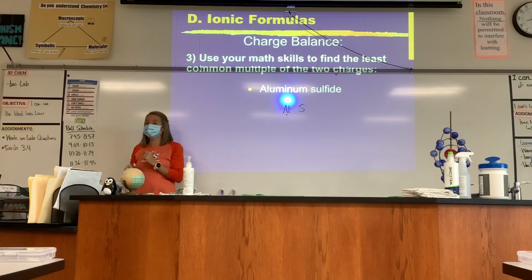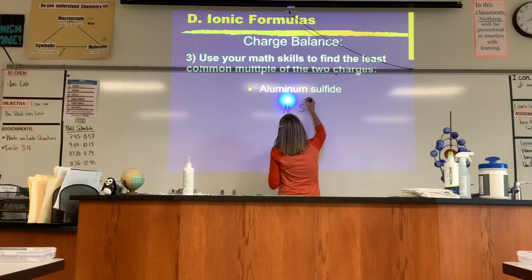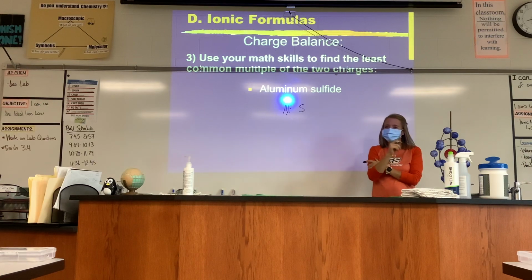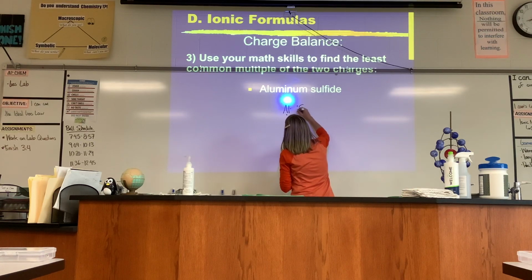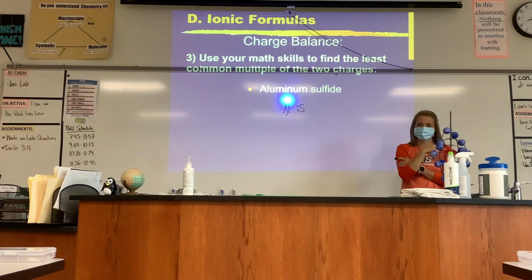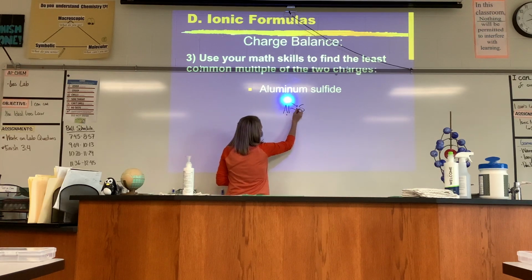How many valence electrons does sulfur have? 6. So if it has 6, how many more does it want? 2. So I'm going to do 2 little X's to show it needs 2 more. Then you just start matching it up: if it needs 2 more, we can give it 2.